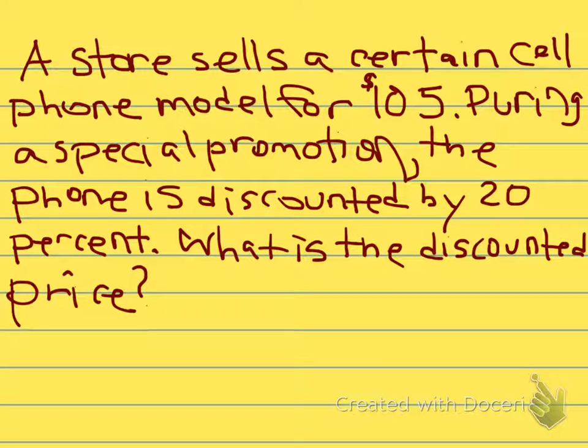Here, we're doing the same thing as we did for the last problem, but notice that the percent this time is discounted. So a store sells a certain cell phone model for $105. We're going to take the $105 and then multiply, because it says a special promotion.